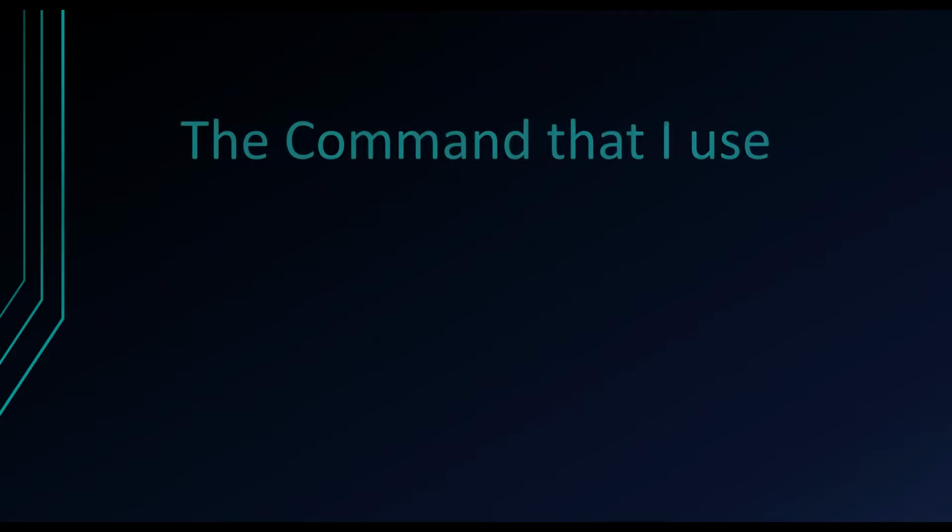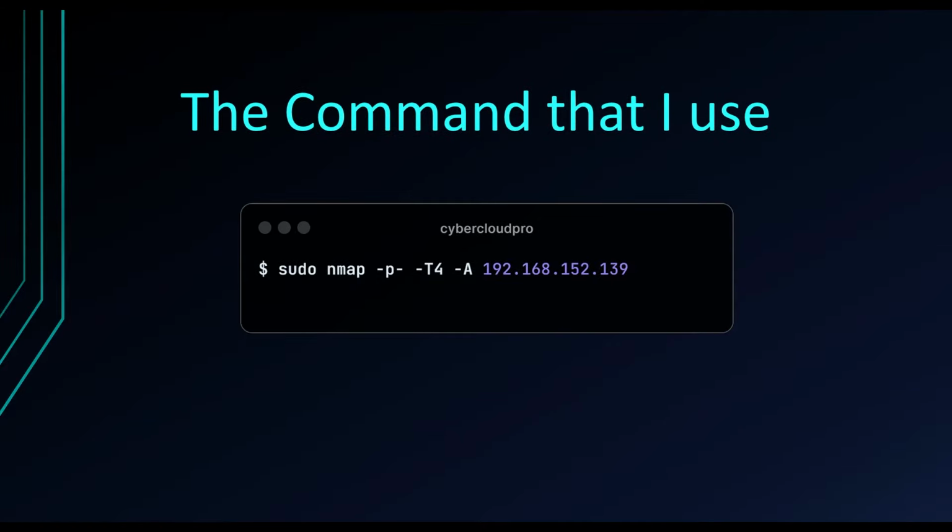What I do in my day-to-day life is I use this command: sudo nmap -p- -T4 -A and the IP address. This command gives a port scan for all the ports, like 65,000 ports. T4 specifies the speed of the scan, and -A, as we know, gives all info. In the previous commands, we didn't use any -p-.